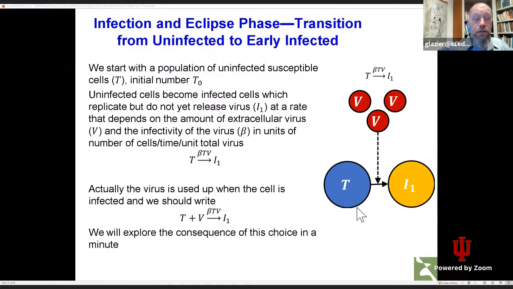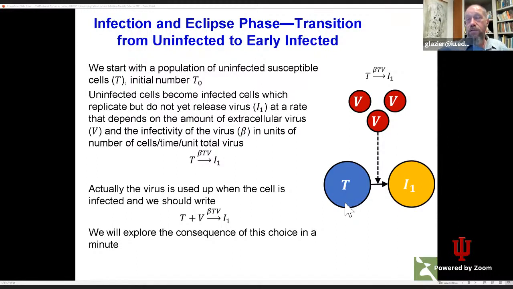And so we're going to have our classic SI model. We're going to say that if we have an uninfected cell, the probability that it's infected is proportional to the amount of virus in the system, V, times some infectivity beta. And if we wanted to be fancy, that beta would depend on the amount of ACE2, the amount of receptor on the surface of the cell.